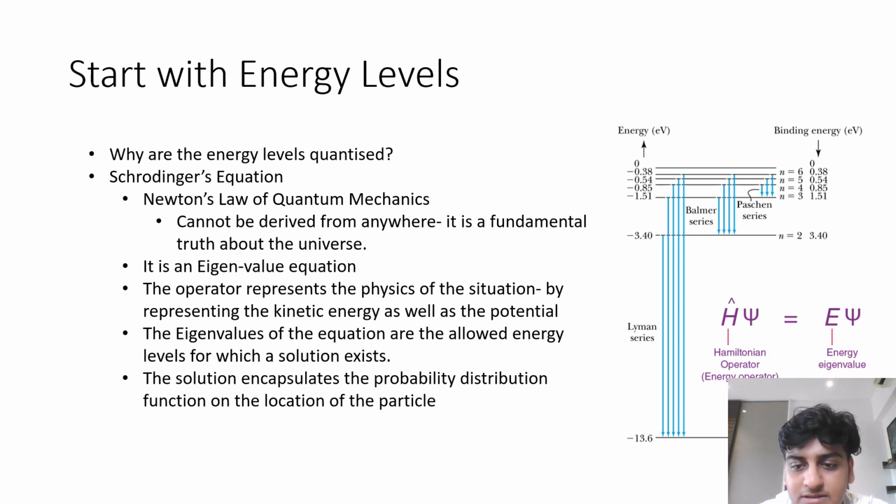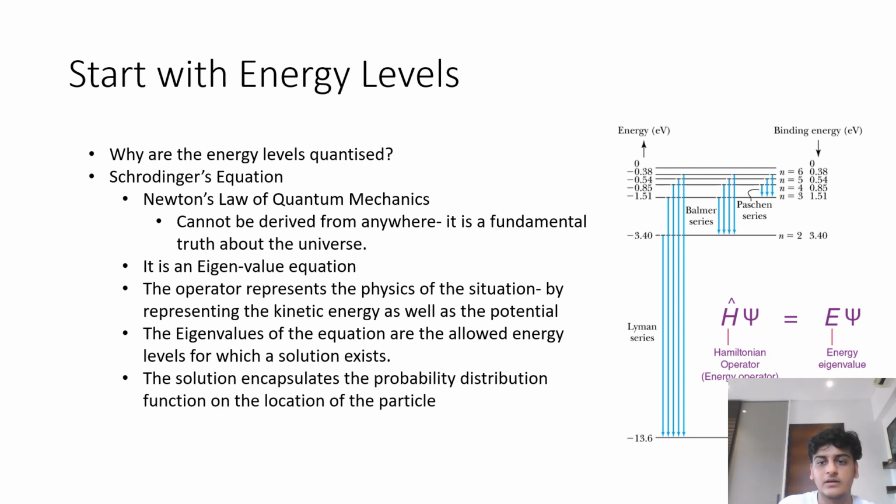I'm sure all of you have probably taken some course in linear algebra, right? An eigenvalue equation is just an equation where an operator acts on a function and scales the function by a scalar.